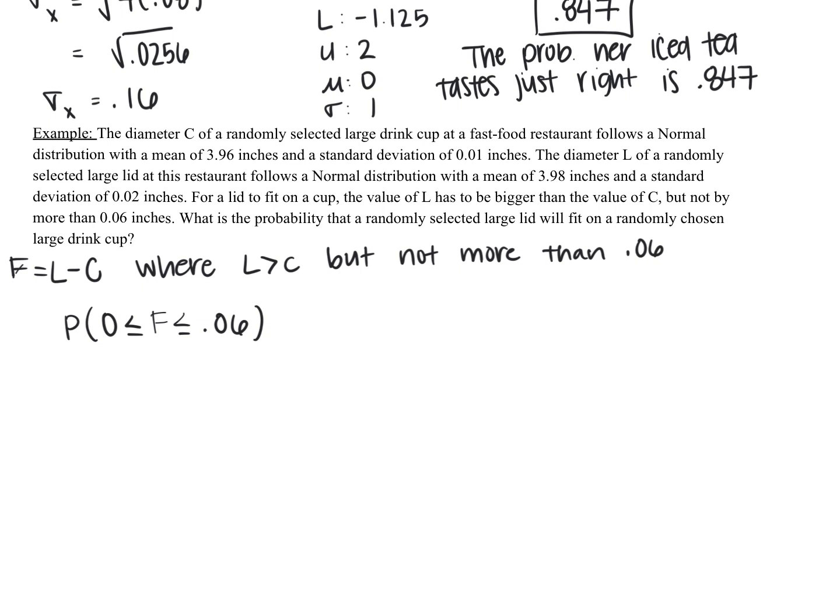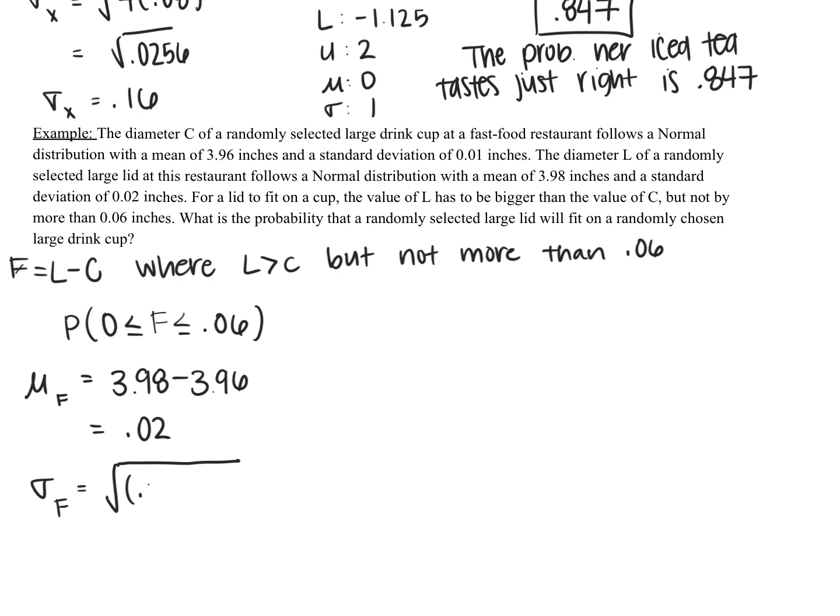So we have to calculate our mean and our standard deviation. So the mean for our fit, because F is L minus C, I can go ahead and subtract them. So 3.98 minus 3.96. So that's going to give us a mean of 0.02. For the standard deviation, not as straightforward. So I have to square each of the standard deviations and add them together.